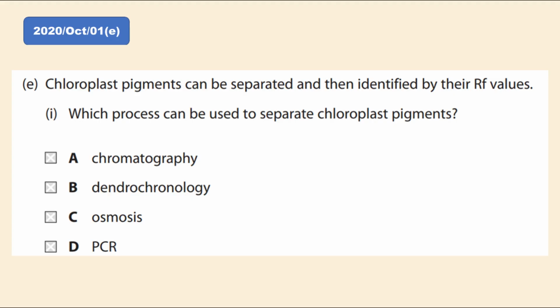So let's go through them one by one, and chromatography is the correct answer. It's the process used to separate different pigments based on their solubility and movement. And then dendrochronology, that's the study of tree growth rings used to determine the age of trees, not pigments.